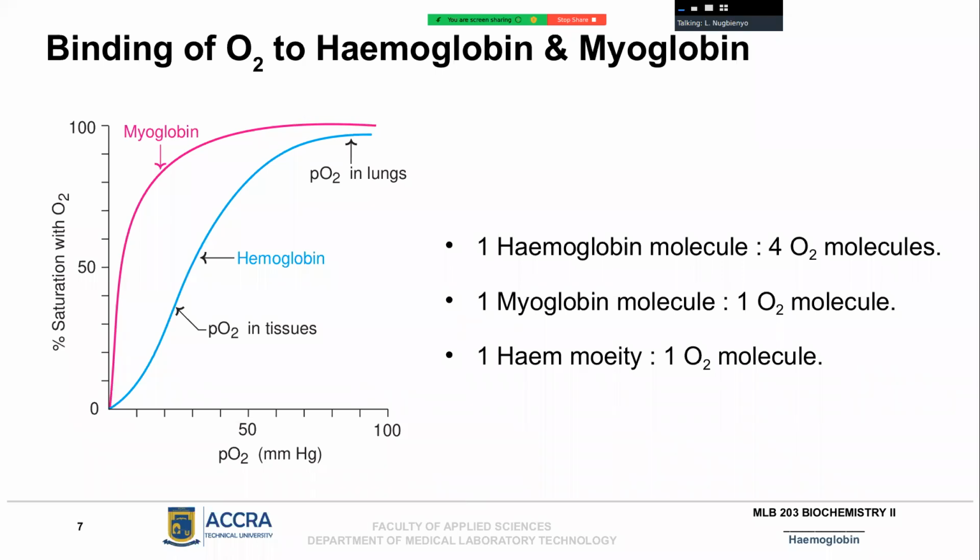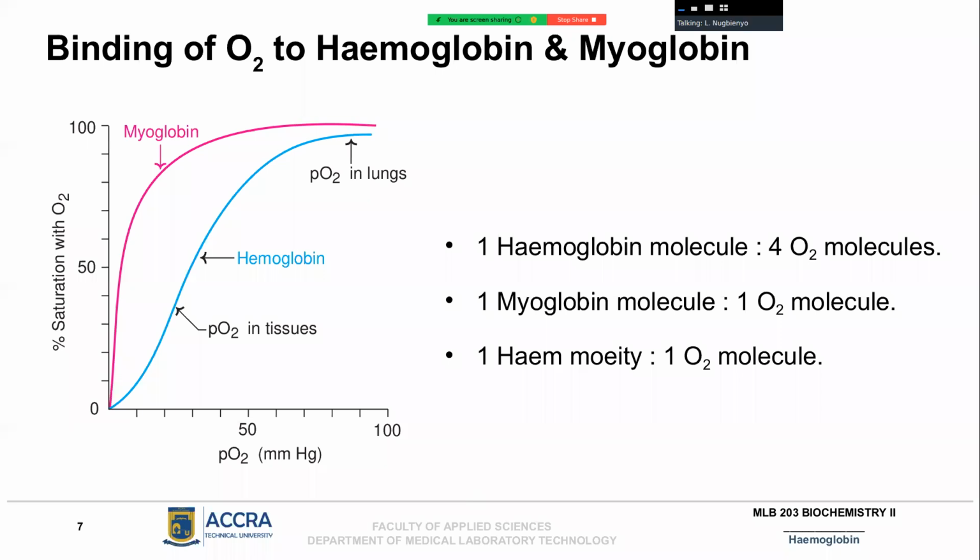Now, before we continue further, let's look at the binding of oxygen to hemoglobin and myoglobin, the differences in these two. As we were saying earlier, one hemoglobin will carry 4 molecules of oxygen, whilst one myoglobin molecule will carry 1 molecule of oxygen.